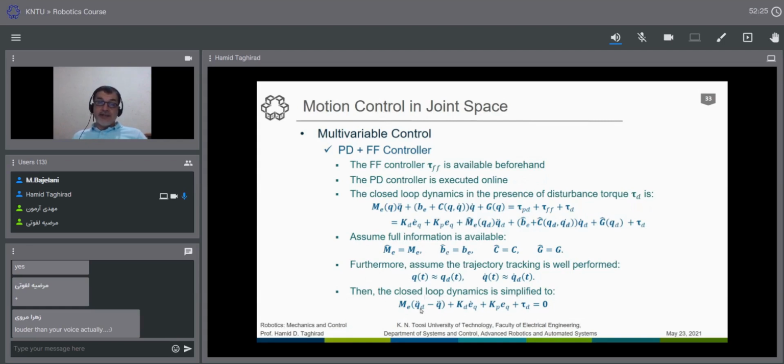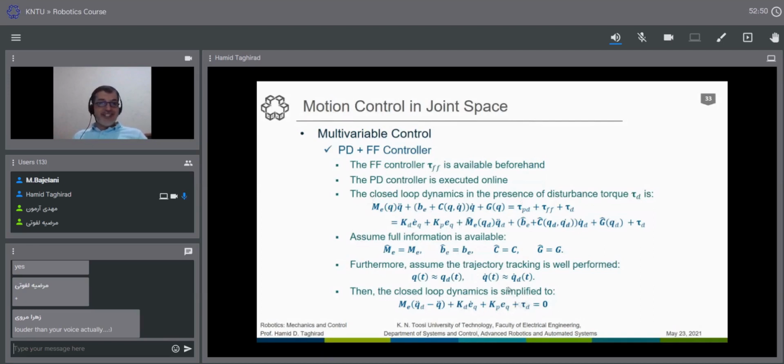This is not cancelled, it will remain. Of course, you can assume that the second order of your derivative is also zero, but this is not really true, so we can keep that. Kp and Kd, your derivative, come in here, and your disturbance.